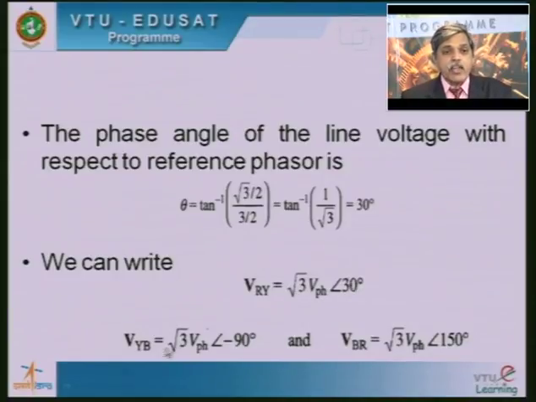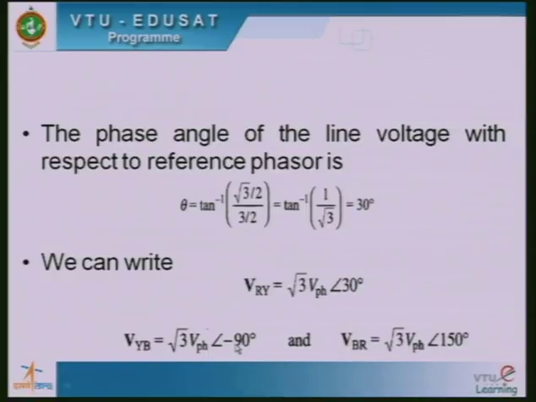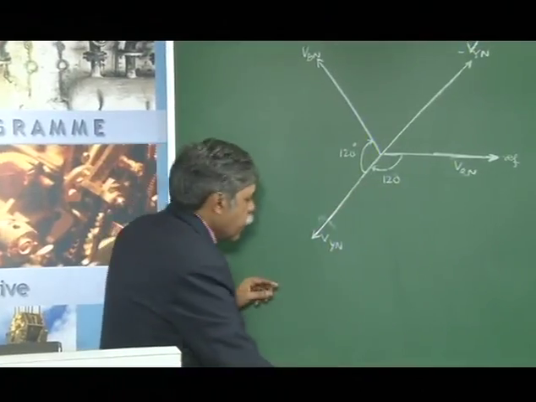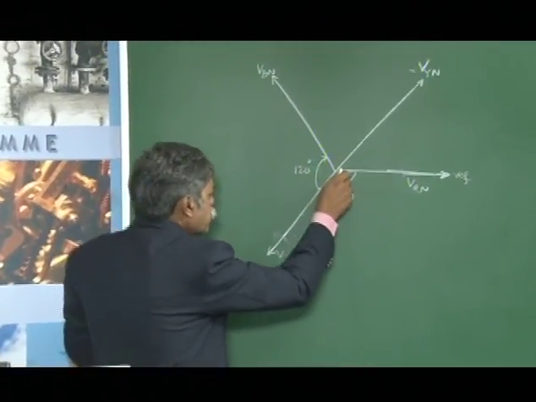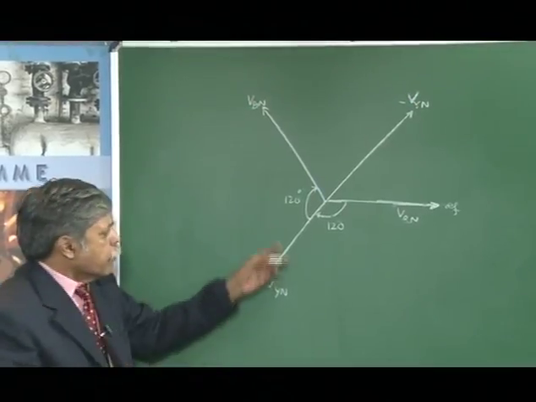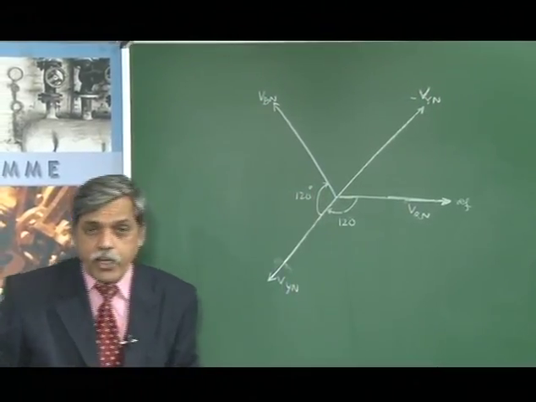Same way I can also write VYB equals √3 times V phase at an angle of 30 degrees with respect to VYN as a phase voltage, and VBR also I can write as √3 times V phase at an angle of 30 degrees with respect to BN. When I write that with respect to R, my angle becomes different. I will show you in the next diagram how to get that 150, 90 and all.